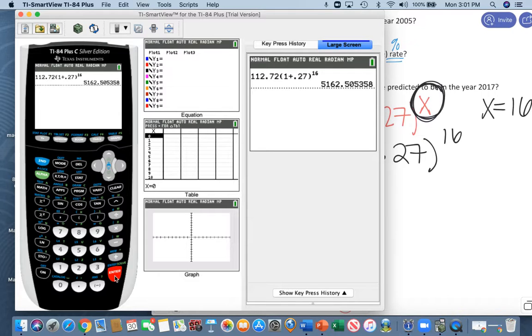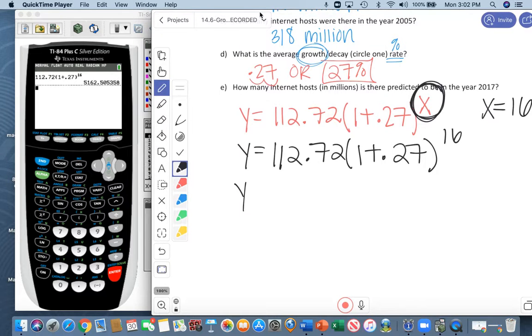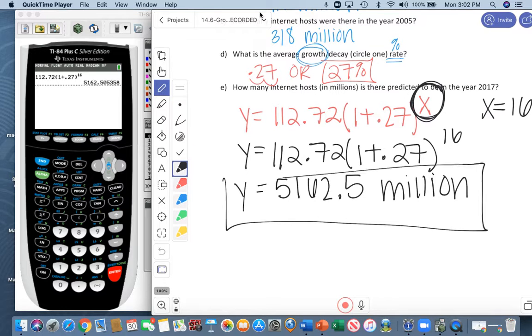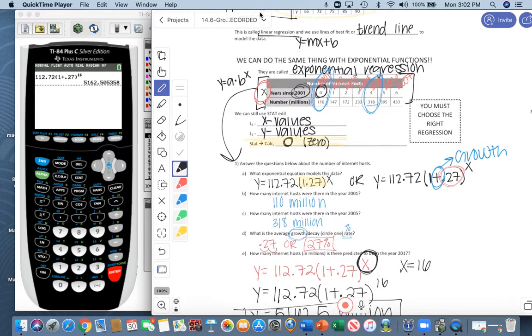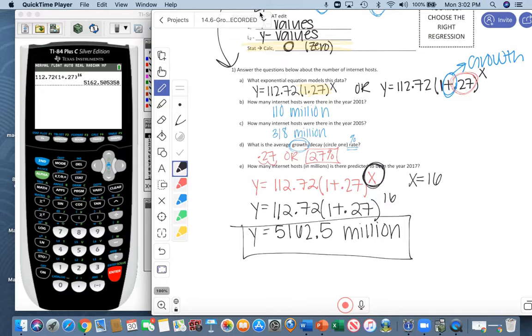So if you can see, y equals 5162.5 million. So it's a big number, which makes sense, we're growing, we're going up. So that makes sense to have all the way down the road here at 2017 to have that many. So make sure it makes sense.